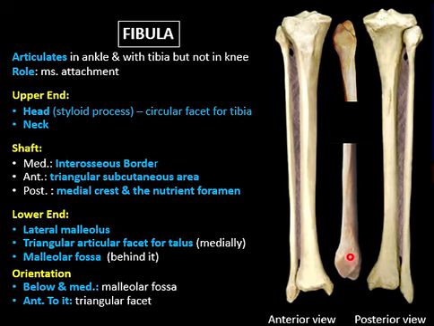Both of these are medial structures. And we said regarding the ossification of the tibia and fibula that the upper end typically ossifies late or joins late, and the lower end joins earlier.